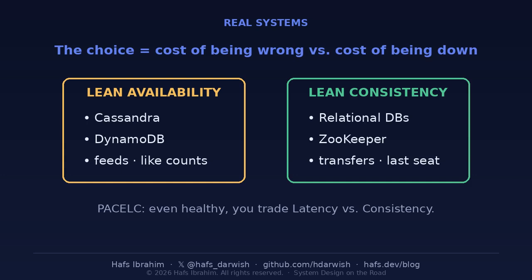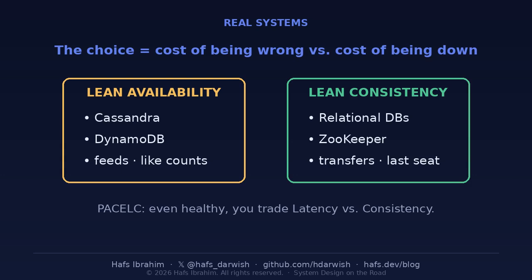Let's recap, and I want you to count these on your fingers. One, CAP says consistency, availability, partition tolerance, pick two. Two, but partitions are unavoidable in any real distributed system, so P is mandatory, not a choice. Three, therefore the real decision is what you do during a partition, favor consistency or favor availability.